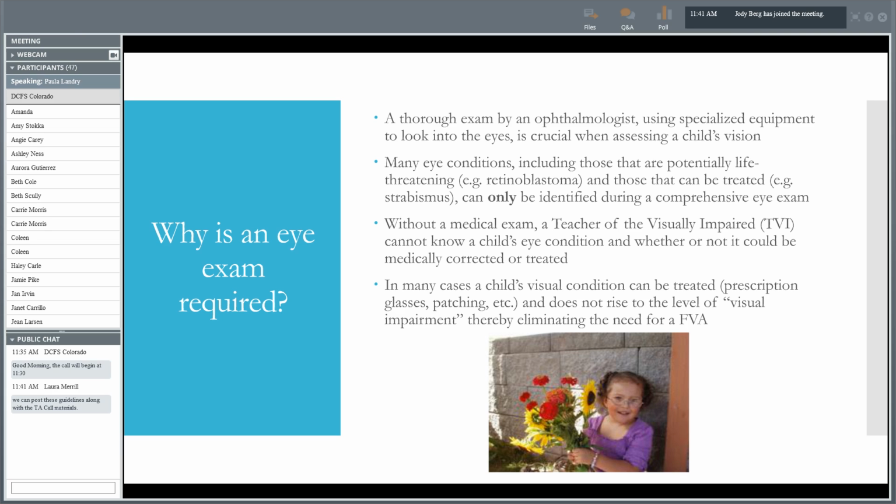And again, once those eye conditions are diagnosed, oftentimes they do go along with other types of delays or medical issues. So for example, with the syndrome of optic nerve hypoplasia, oftentimes the children who have that syndrome have endocrine issues as well. And just by looking at a little kiddo coming in, we wouldn't be able to tell that they had underdeveloped optic nerves and all of the other things that could potentially be going along with that.